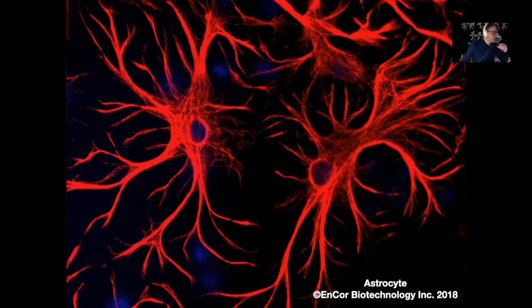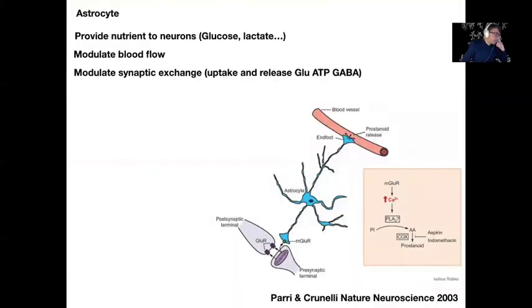But further research really revealed that there is way more behind the contribution of astrocytes than just physical support for the cells. For example, the astrocyte provides nutrients to the neurons, such as the glucose that is necessary to function, or lactate, and they are able to modulate the blood flow.